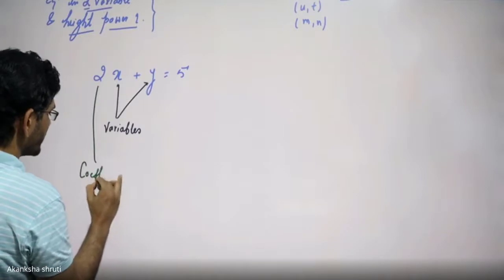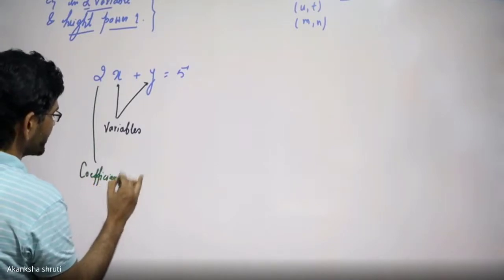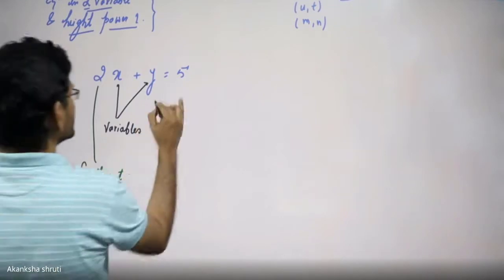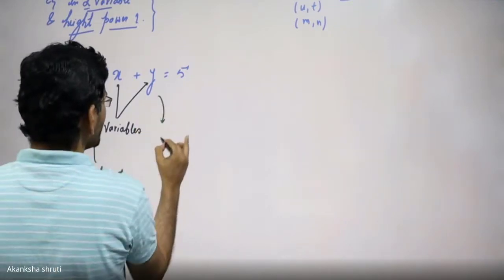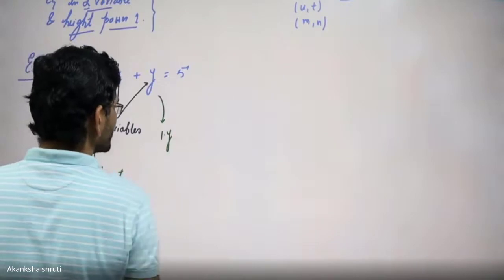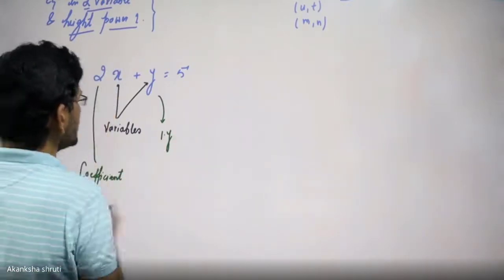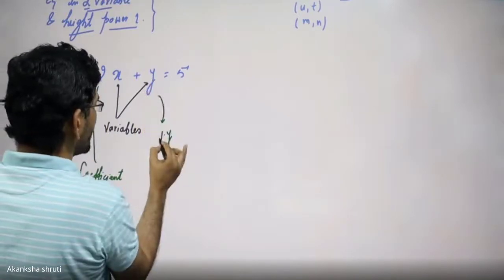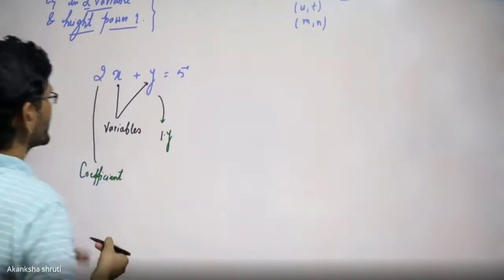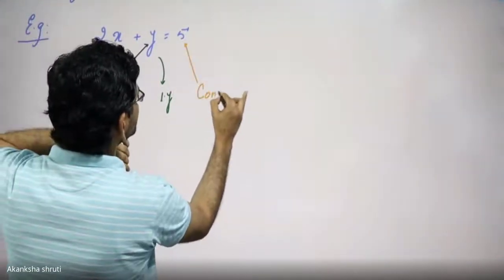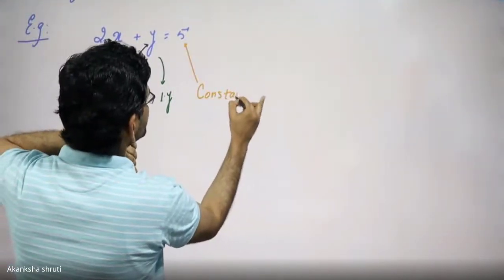This we have learned in chapter number 2 also. Here it is y only, which means 1 into y. So here the coefficient of x is 2, and the coefficient of y is 1. And whatever this number is, it is called the constant.